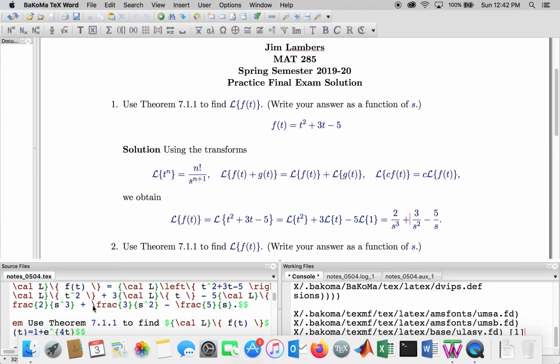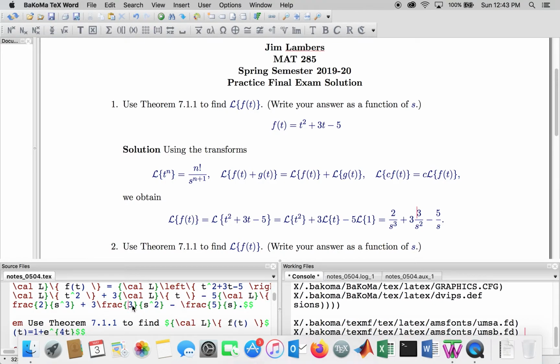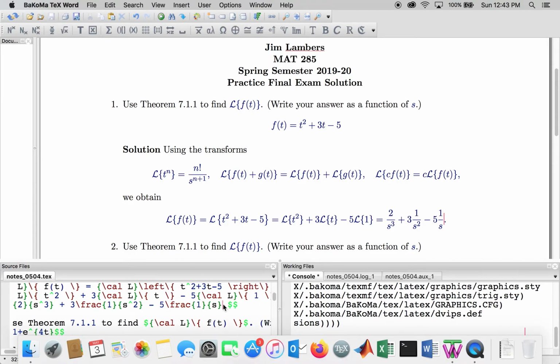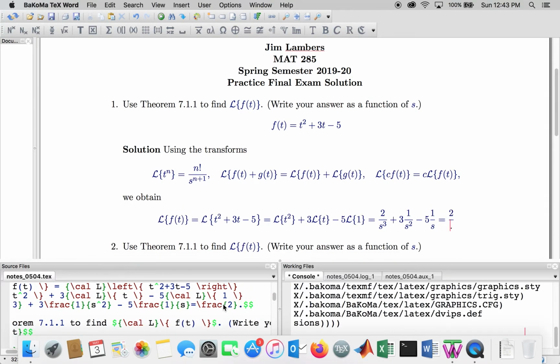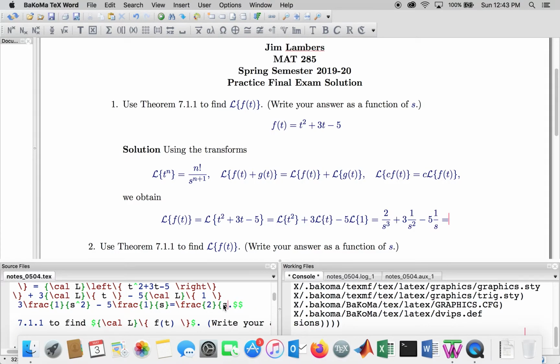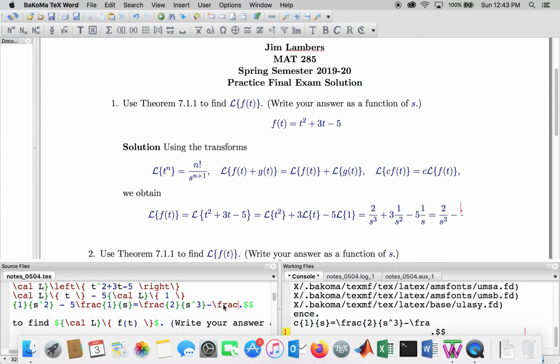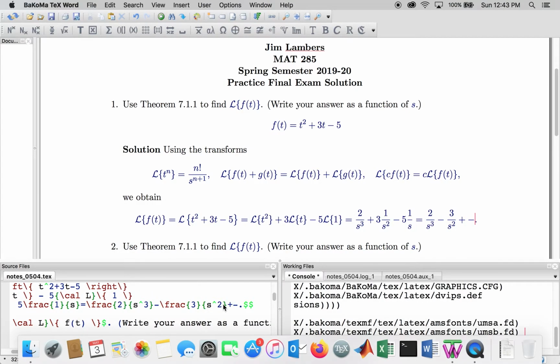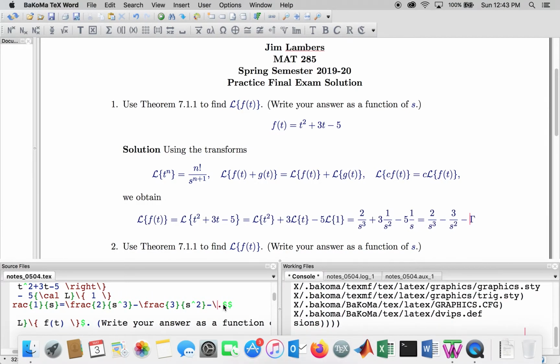You have 3 times the transform of t, which is 1 over s squared, and then minus 5 times the transform of 1, which is 1 over s, just so you can see where all the constant factors come from. And then we can clean things up and get the answer in its final form.